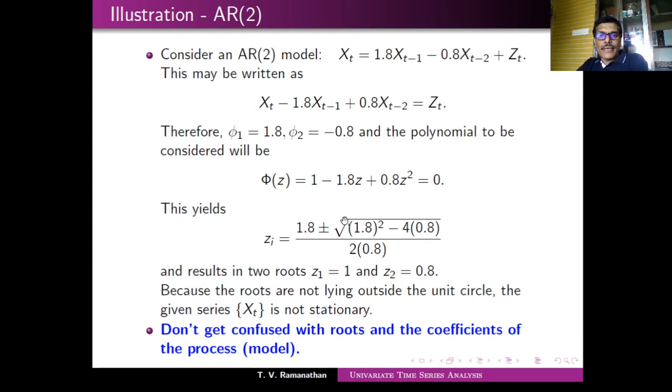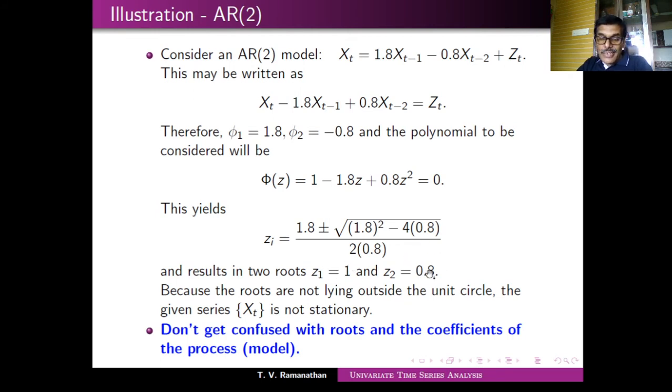So I find the polynomial, this is the polynomial equation, equate to 0. I get the roots of this equation, minus b plus or minus. There are two roots, 1 and 0.8. And the roots are not lying outside the unit circle, because this root lies on the unit circle, so it has a unit root.